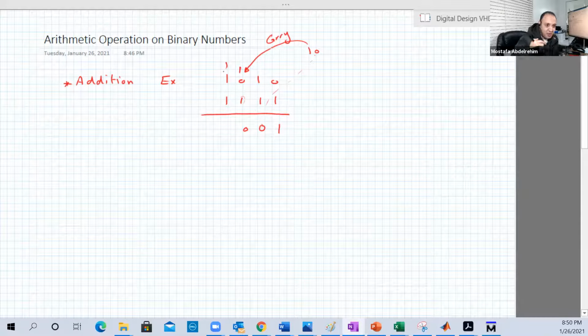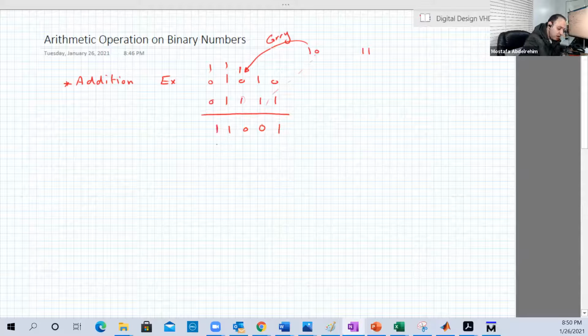Now we have 3 ones under each other. 1 plus 1 is 2, and 2 plus 1 is 3. What is 3? 3 is 11. So 1, and we have another carry of 1. This one has no digit, so you can just append zeros here, and 1 plus 0 is 1. So you finally have 1.